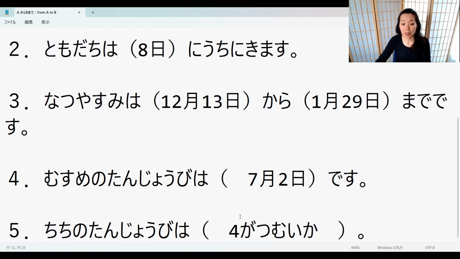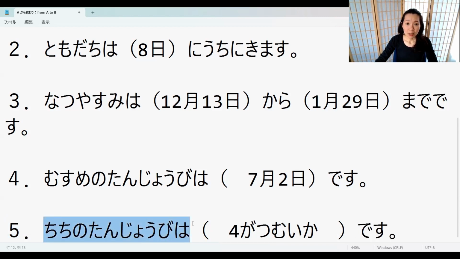So 父の誕生日は4月6日です。I will add it here. Okay, let's practice. Repeat after me. 父の誕生日は4月6日です。はい。How did it go? Did you catch the date?